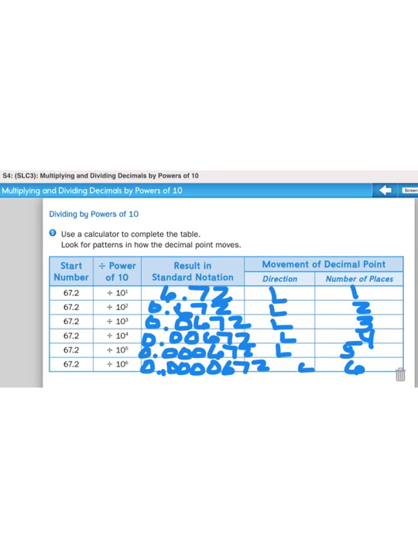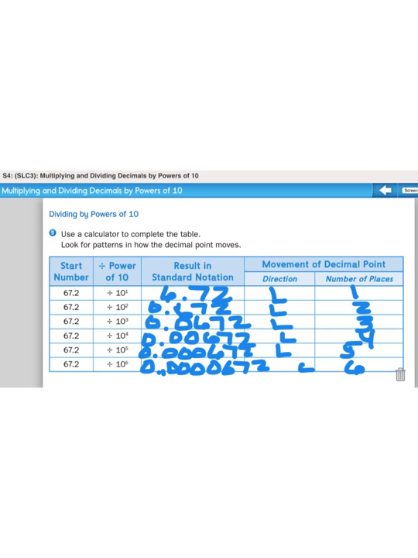Okay, so I have here the answers that you should have gotten when you were dividing. If you continue down the table, 67.2 divided by 10 to the second power is 0.672. The decimal point moved to the left 2 places. 67.2 divided by 10 to the third power is 0.0672. The decimal point moved to the left, and the number of places is 3.